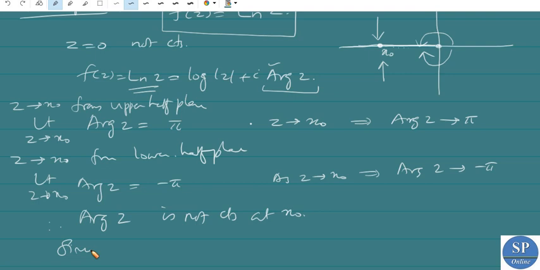Since x0 is arbitrary, arg z is not continuous on the negative real axis.